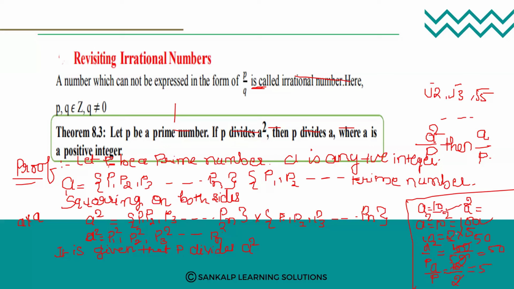So from this example, we can say that if P divides A square, then P divides A. Here A square is 100, P is 2, or you can take 5 also. A is 10, and P divides A. Okay.